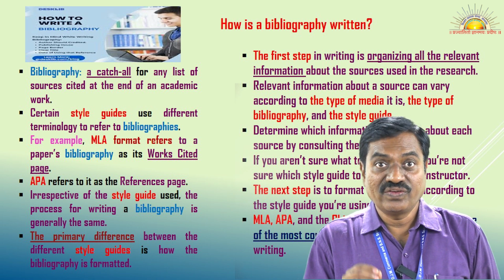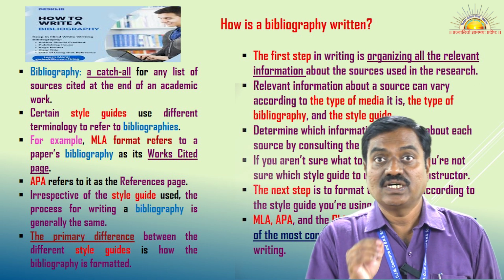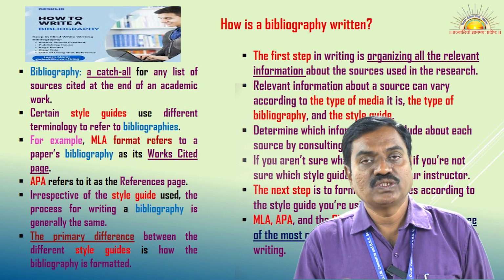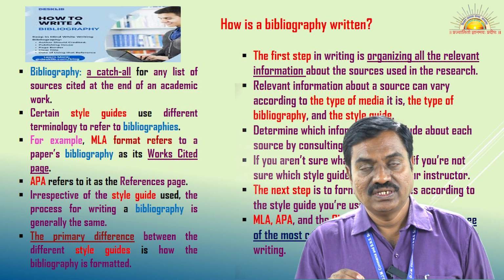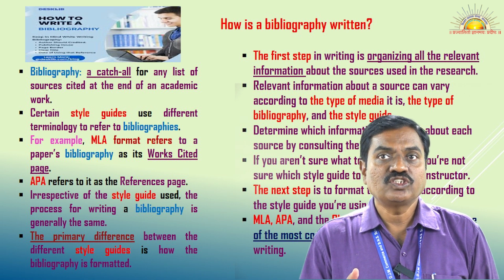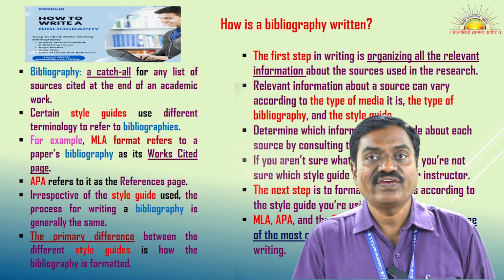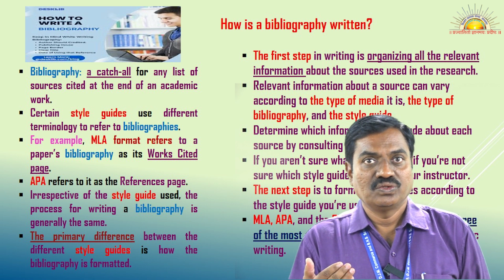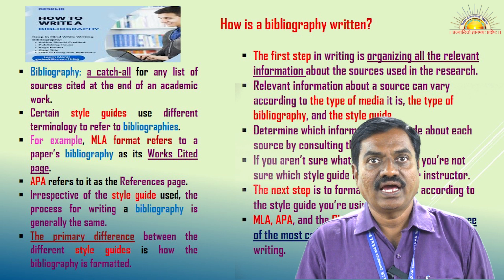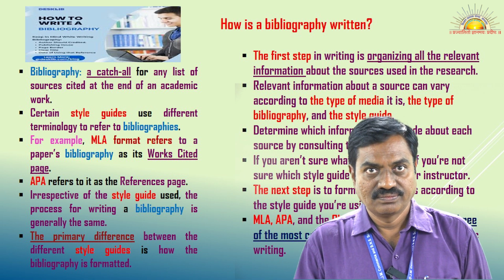The first step in writing a bibliography is organizing all relevant information about the sources one has used in the research paper or in the research. Relevant information about a source can vary according to the type of media, the type of bibliography you are writing, and the type of style guide.